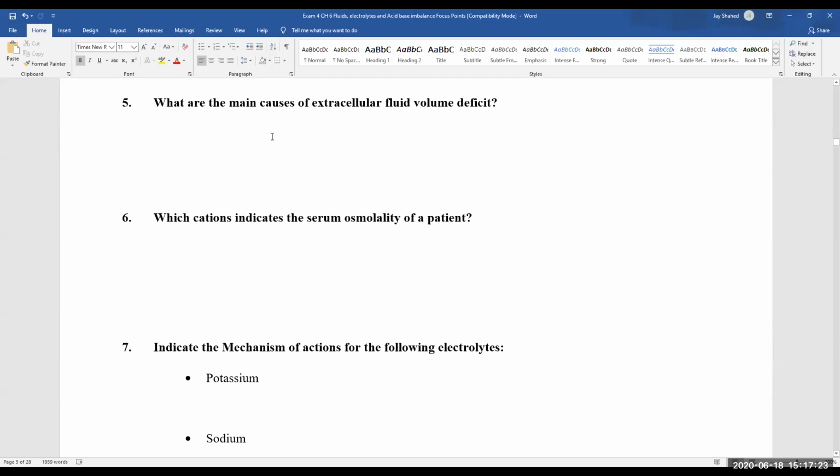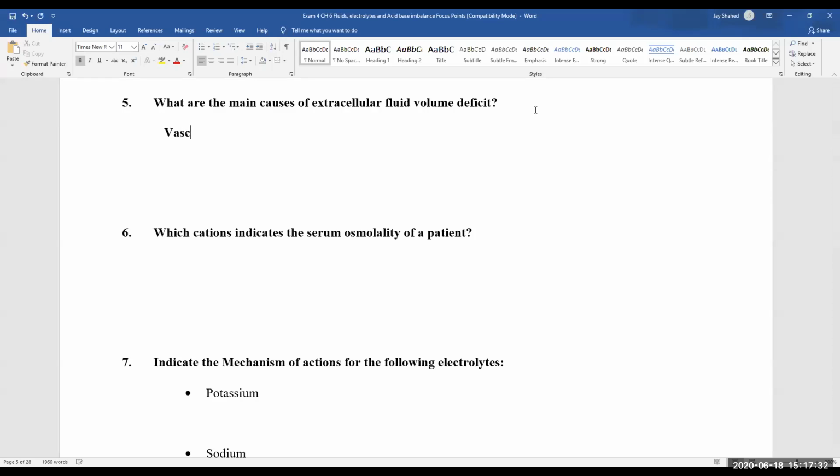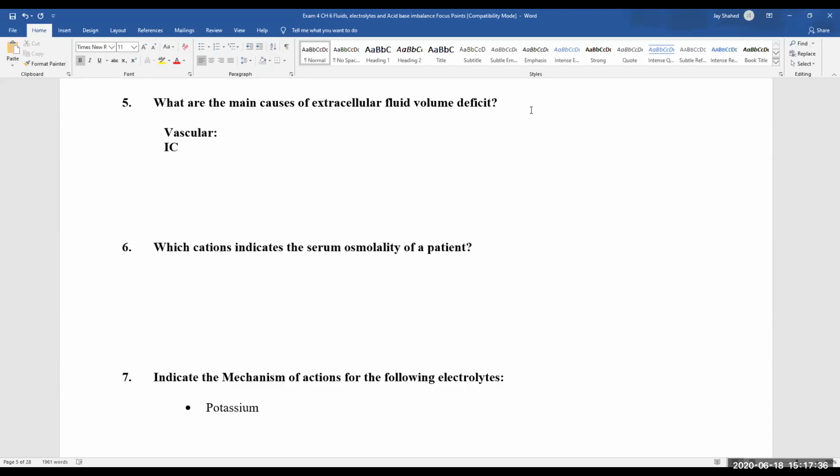Right, so extracellular fluid deficit. So it could be, if let's say vascular, what would that be? Some issues with vascular, and then put down interstitial. So what would be some of the problems with vascular? Blood vessel.